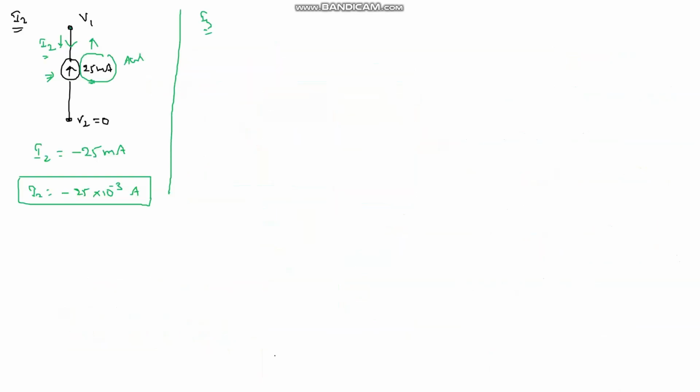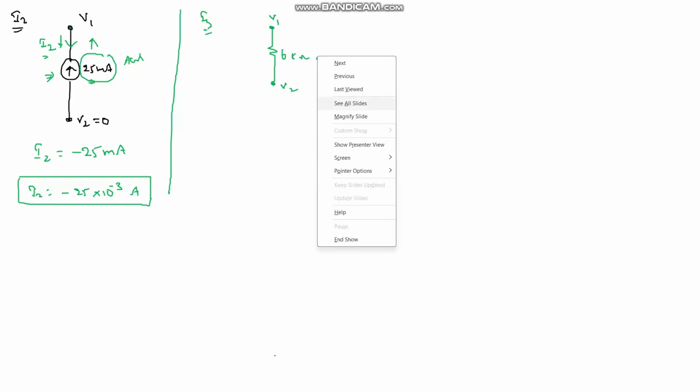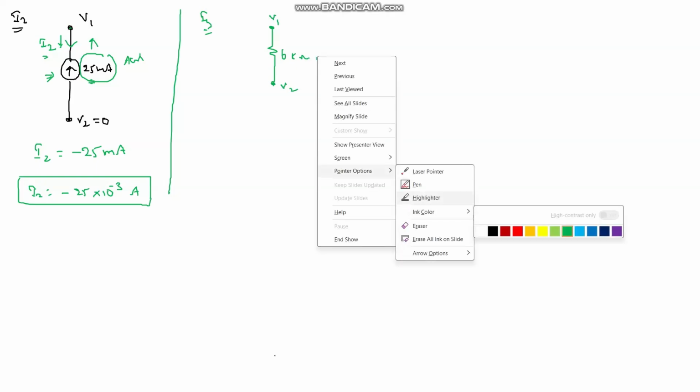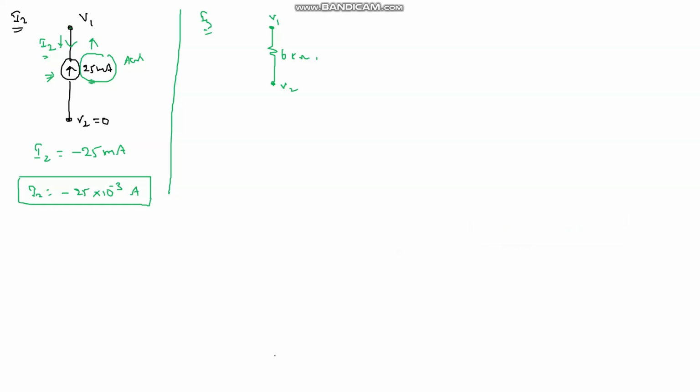Just redraw that path carefully: this is V1, this is the 6 kilo ohm resistance, and the current direction is like this, I3. This is the starting point and this is the ending point according to my current direction. If the current direction is bottom to top, V2 is the starting point and V1 is the ending point.